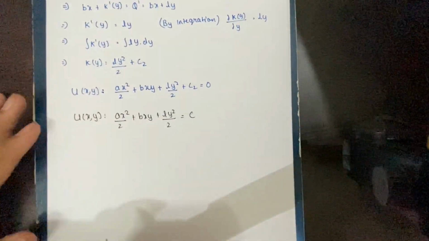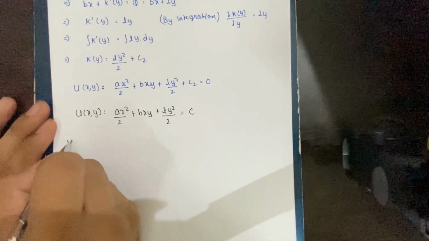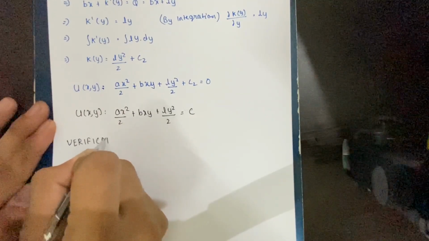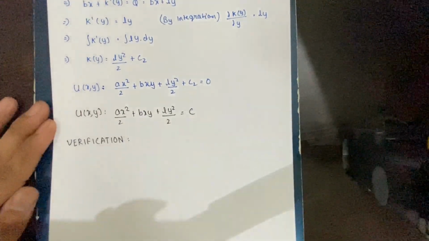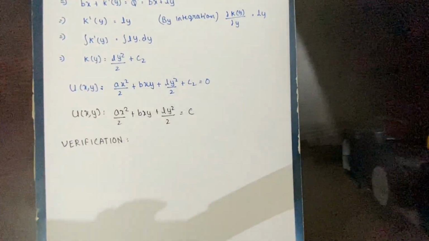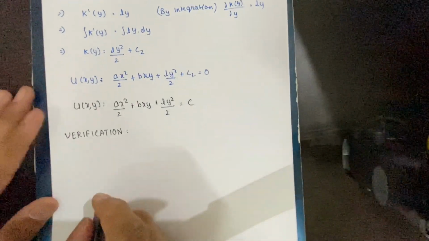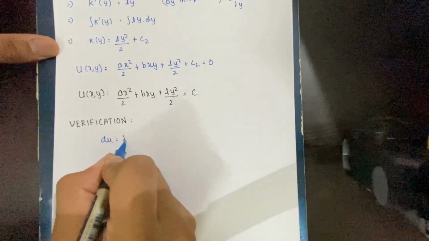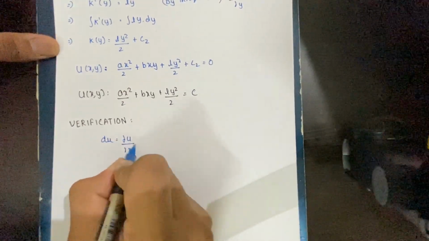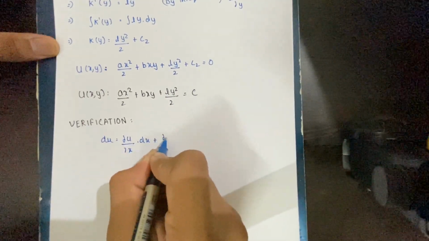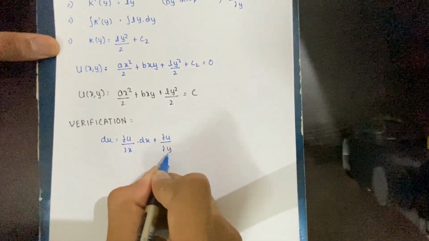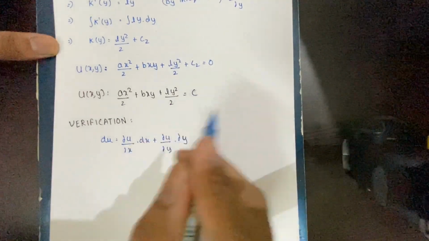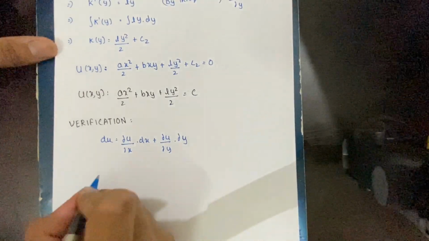Now that's it, the question is done, but I'm just going to verify this. All we need to do is find du. So du equals partial u by partial x dx plus partial u by partial y dy. The constant gets converted into 0.